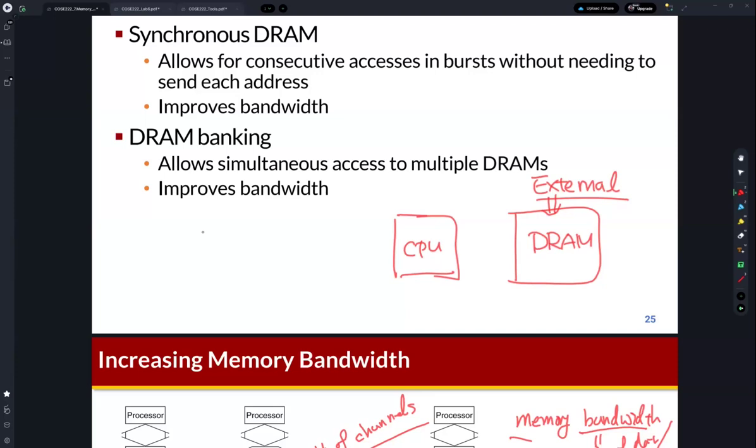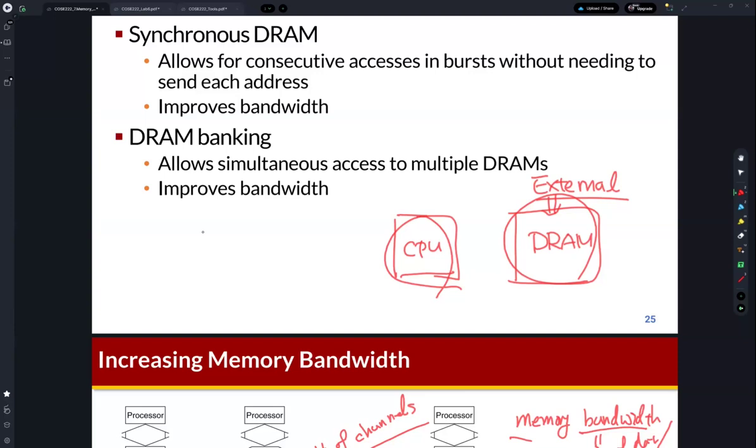Okay, so different packages. Different packages means that this is a single chip. A CPU is fabricated in a single package. It's a single chip, and then the RAM, this DRAM, is out of the CPU package.